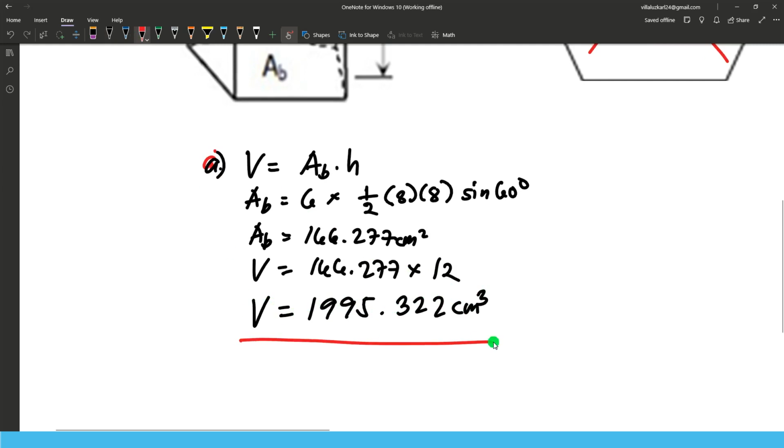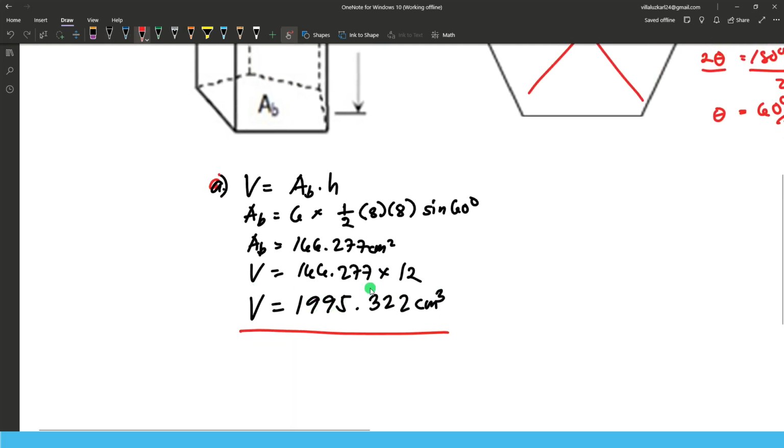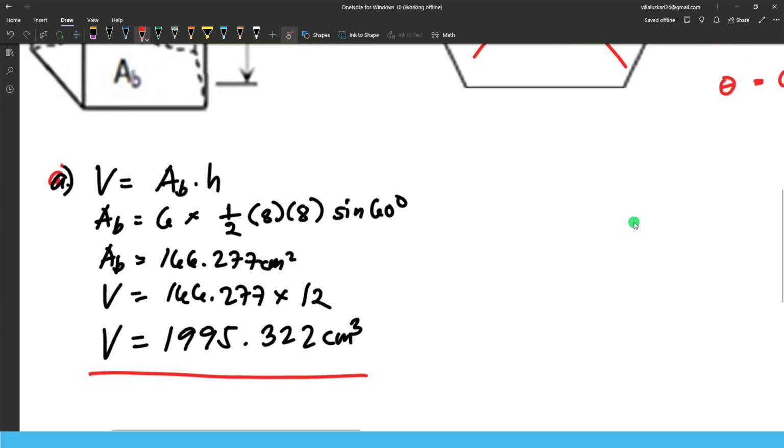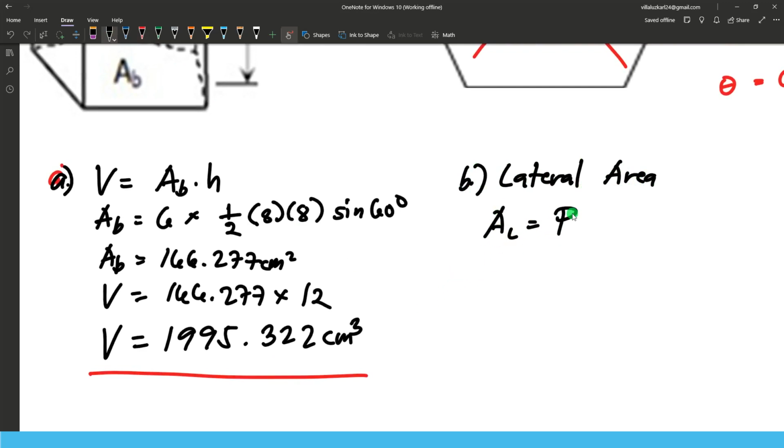Next, find the lateral area. For letter B, the lateral area is equal to the perimeter of the base times h.